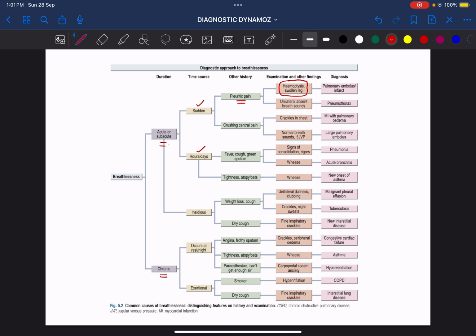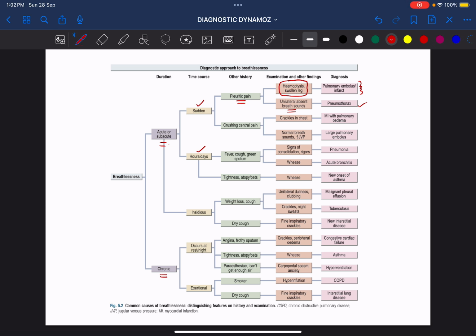Because deep vein thrombosis is one of the most important risk factors for pulmonary embolism or pulmonary infarction. And when pleuritic pain is associated with absent unilateral breath sounds, once you place your stethoscope you find that on one side of the chest the breath sounds are completely absent, you have to think about pneumothorax.